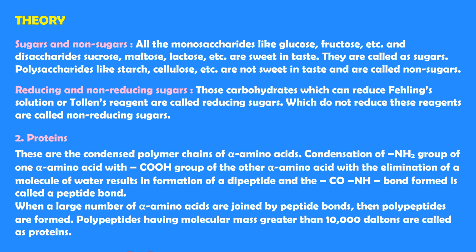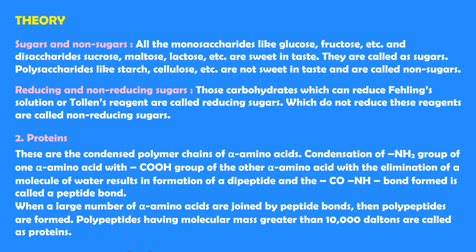Proteins. These are condensed polymer chains of alpha amino acids. Condensation of the NH2 group of one alpha amino acid with the COOH group of another, with the elimination of a molecule of water, results in a dipeptide, and the CONH bond formed is called a peptide bond.